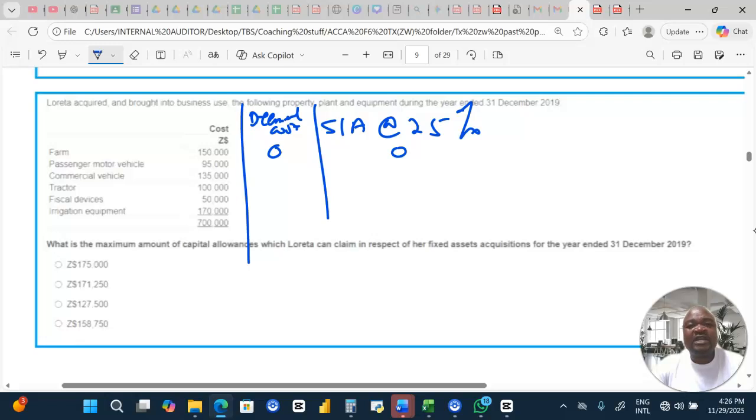What about commercial vehicle? Passenger motor vehicle. A passenger motor vehicle usually attracts what are called deemed costs. And I want you guys to verify. I think it's 80,000. Okay, but verify with me. I want your comments in the comment section so that you assist other students as well. Yeah, I'm feeling let us use 80,000 for now.